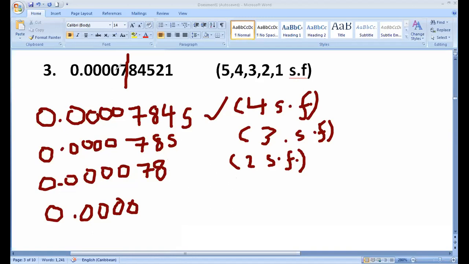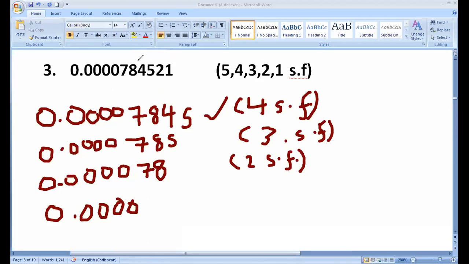Because 2 significant figures means 0, 1, 2.